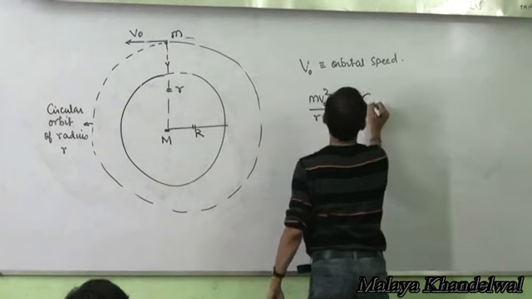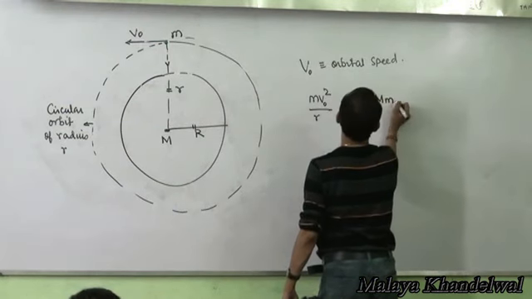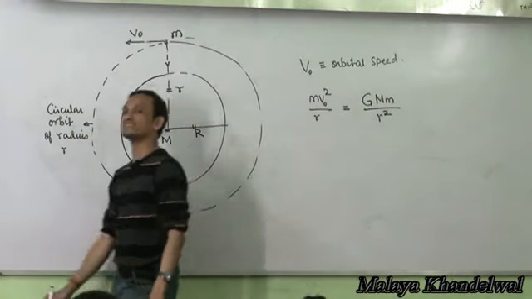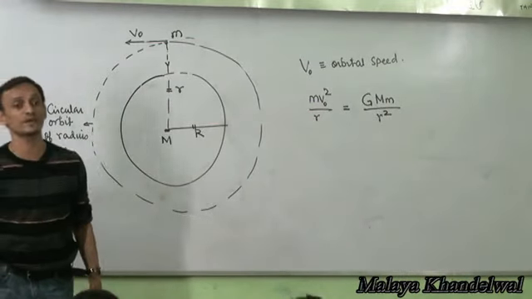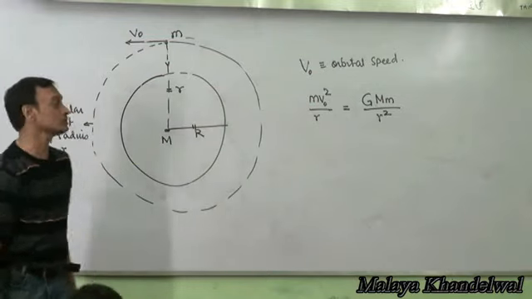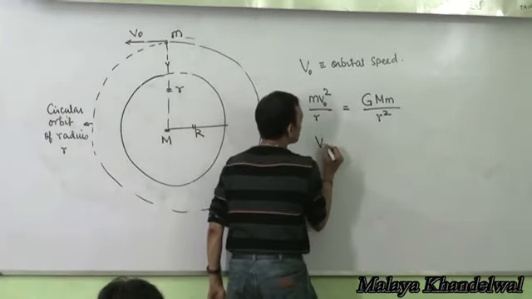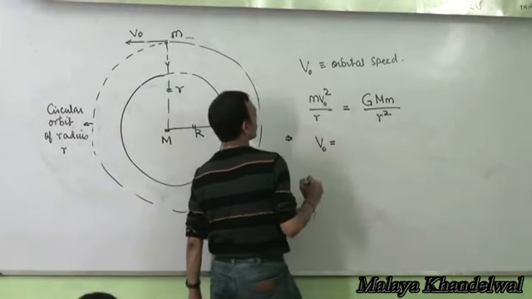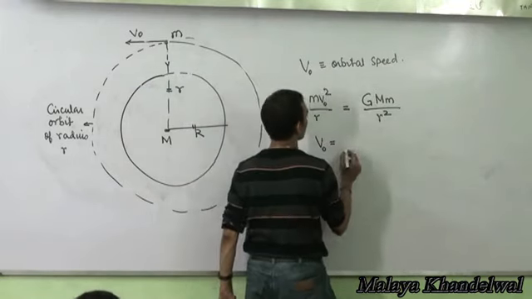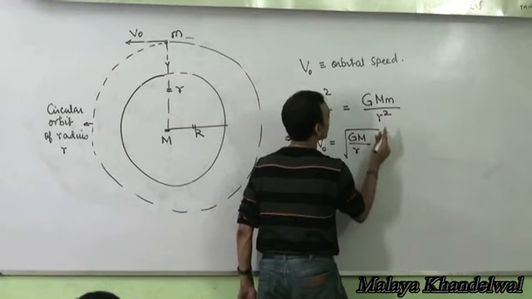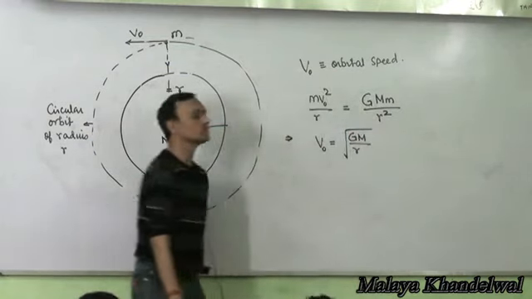So this must be G times capital M small m by r square, the centripetal force met by the gravitational pull, which gives me the orbital speed in an orbit of radius small r for a satellite as root GM by small r.